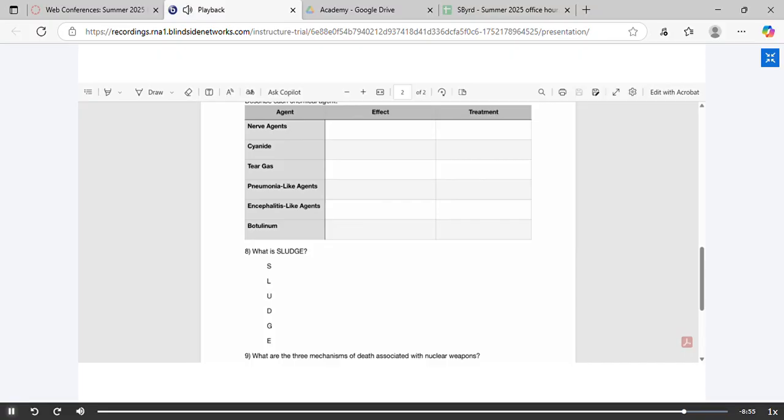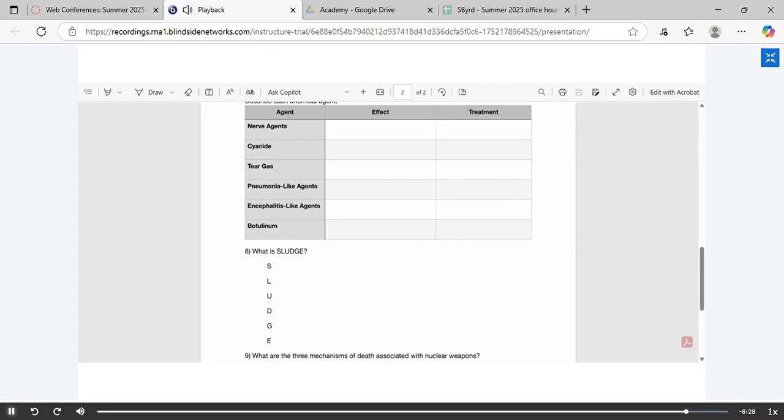Again, decon, and it's not just on the patient's skin, but in their clothes also, because you can have off-gassing of the cyanide gases from their clothing. So you want that patient to be completely deconned, and then we're going to support their ABCs, use a BVM, give them some high flow oxygen, and transport.